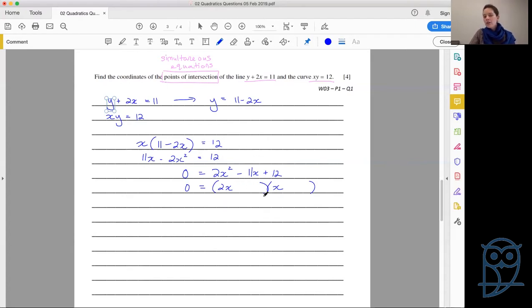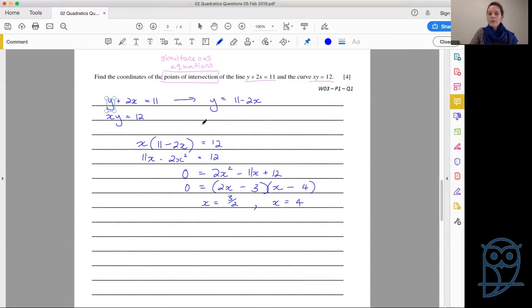So if we think about odd numbers involved in 12, well, there's a 3 and a 4. Right, so 2 times 4 would give us an 8, with a 3 would give us an 11. So we have a 4 and we have a 3. Like signs, both negative. So we have x equals 3 over 2, and we have x equals 4.